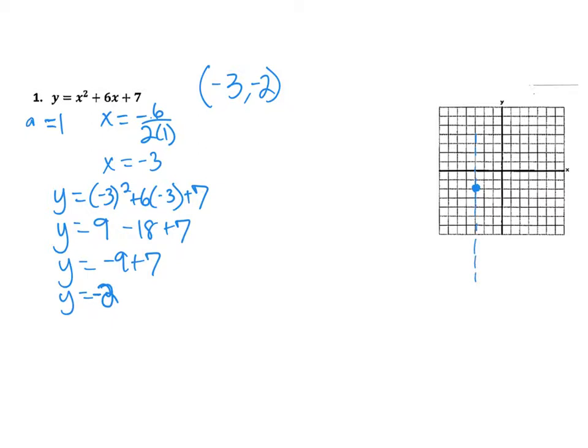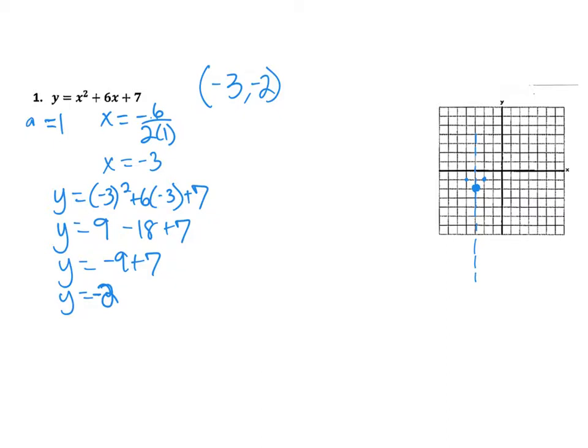Now, since this has an A that equals 1, my graph is going to be like a parent function graph, where it's just the typical curve. The typical curve means that I'm going to have from the vertex over 1 each way. Is my graph upward facing or downward facing? Upward. Over 1 both sides, up 1 both sides. So go ahead and do that.